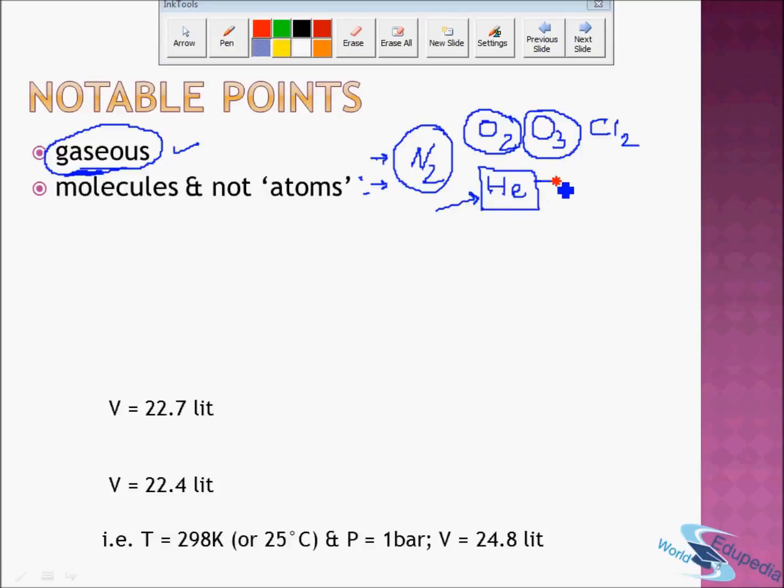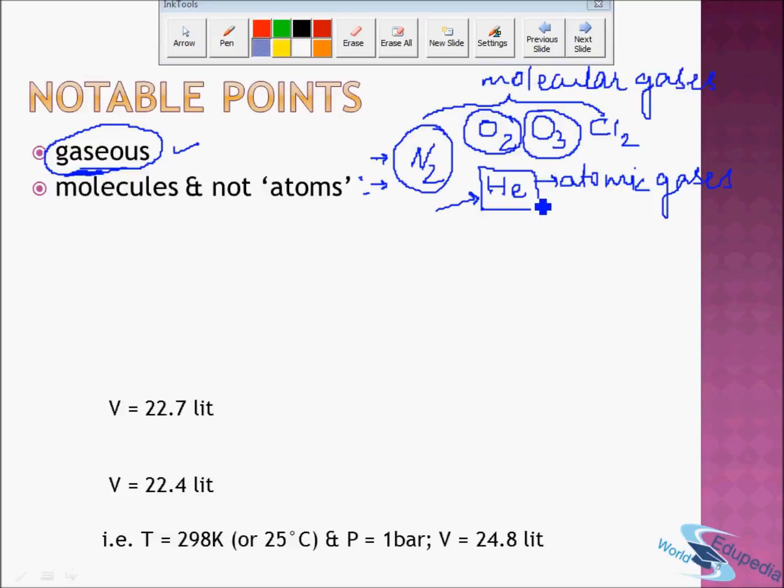Alright, so these gases can be said to be atomic gases because they exist in form of atoms, whereas these four gases and most of the gases which you will come across can be said to be molecular gases because they exist in form of molecules.